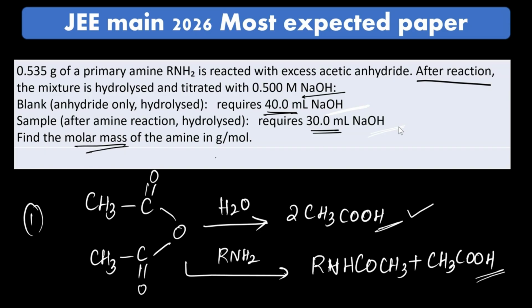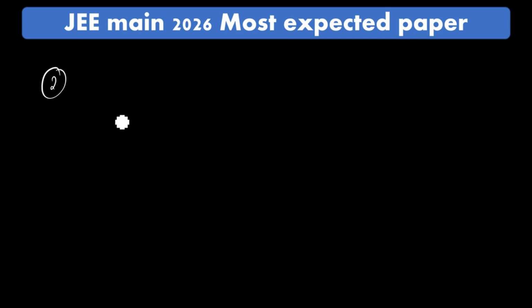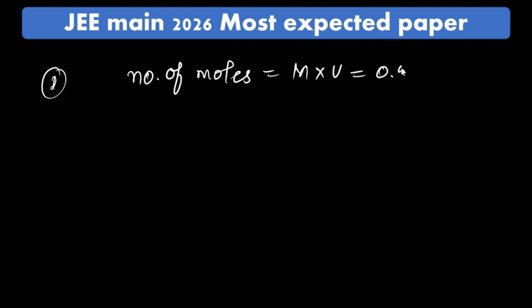First, let's calculate the blank, which requires 40 ml of NaOH. NaOH concentration is given as 0.5 molar, right? So the number of moles is equal to molarity into volume, that is 0.5 times 40 ml.